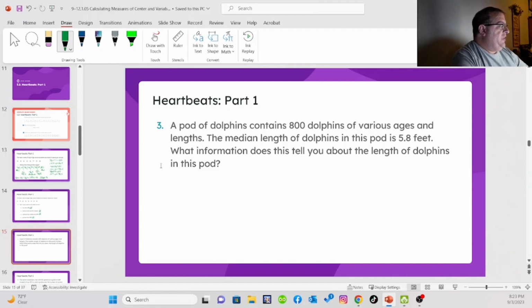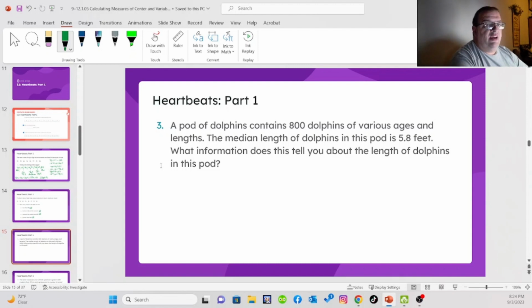Number 3, a pod of dolphins contains 800 dolphins of various ages and lengths. The median length of dolphins in this pod is 5.8 feet. What information does this tell you about the length of dolphins in this pod?